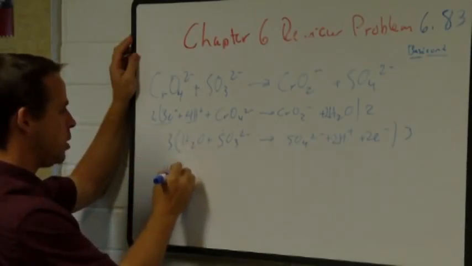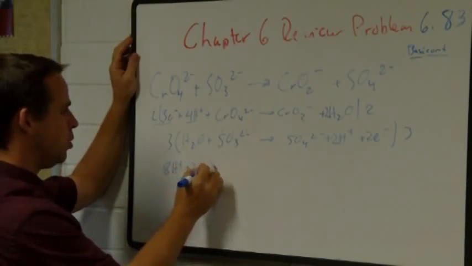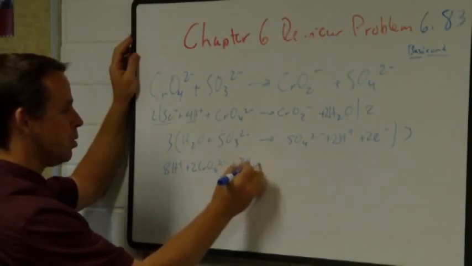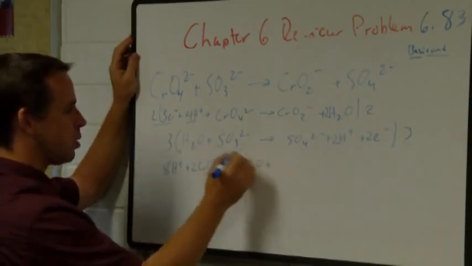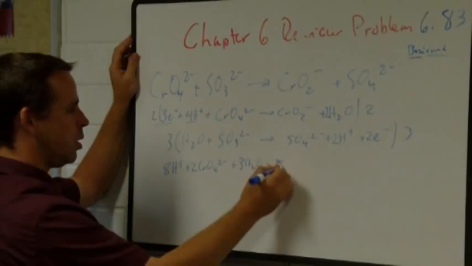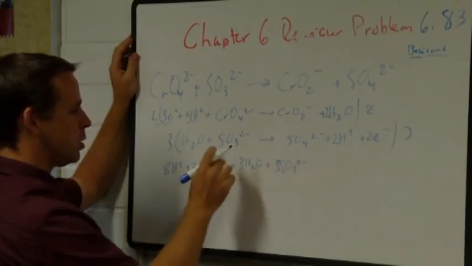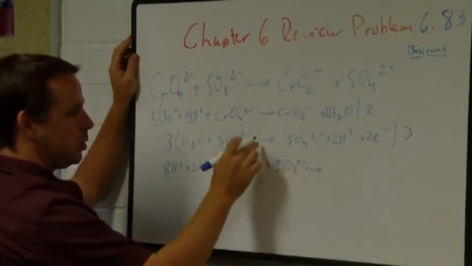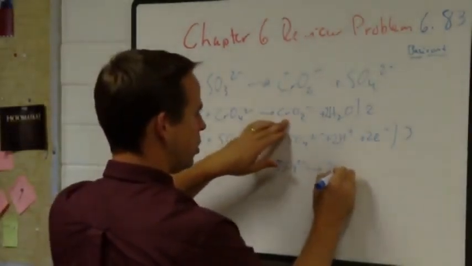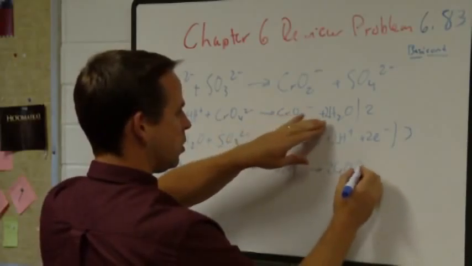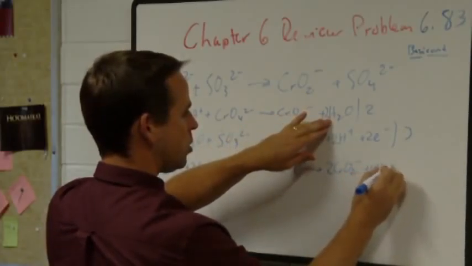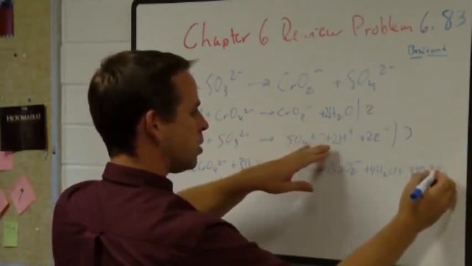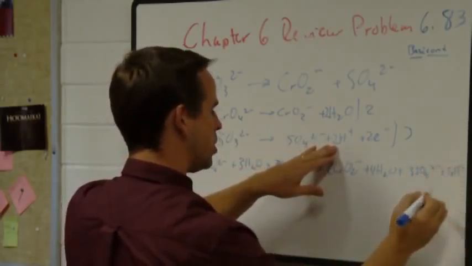We have 8 protons plus 2 CrO4 2- plus 3 waters plus 3 SO3 2- yields 2 CrO2-, 4 waters, 3 SO4 2-, 6 H+.